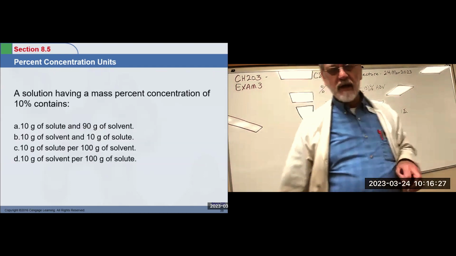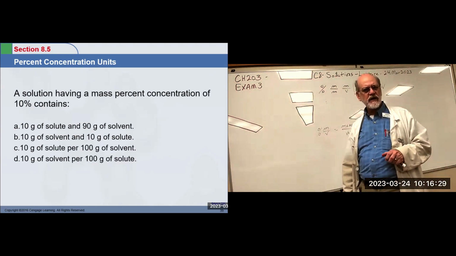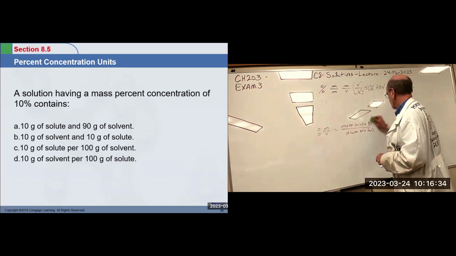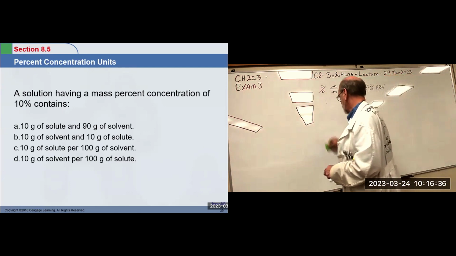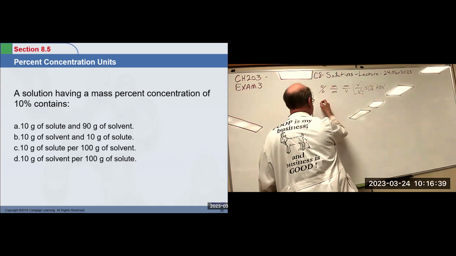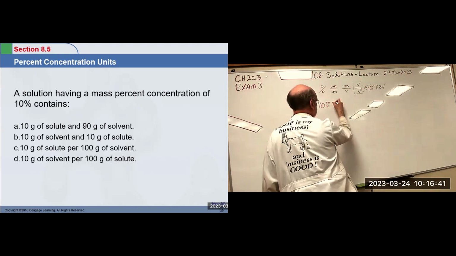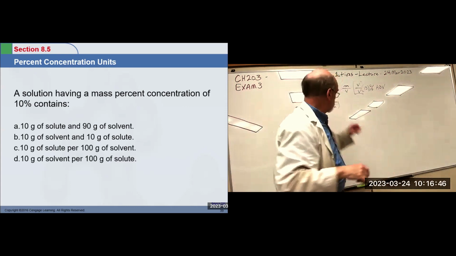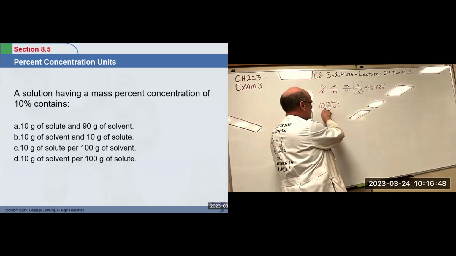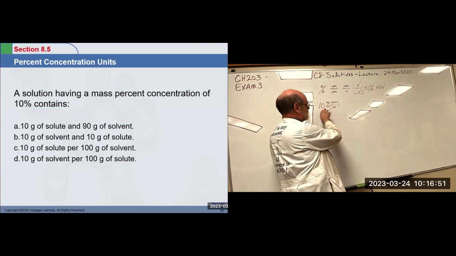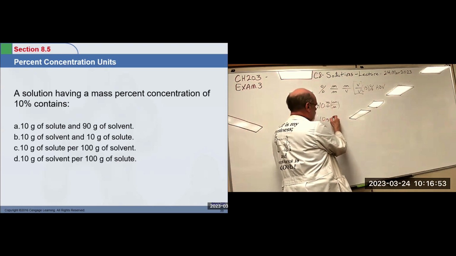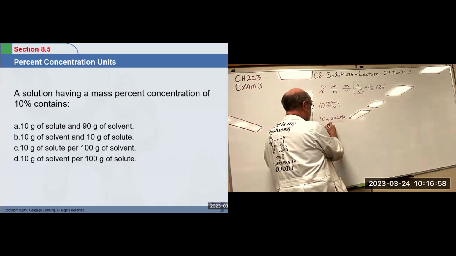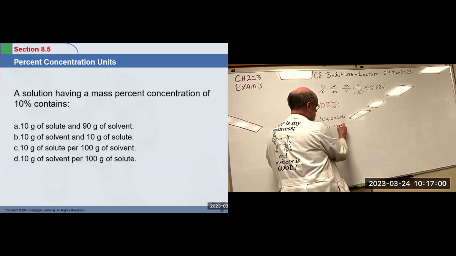Let's move on. A solution having a mass percent concentration of 10%. Mass percent of 10%. So 10% mass. What does that mean? Well, you definitely have 10 grams of solute per 100 grams of solution.